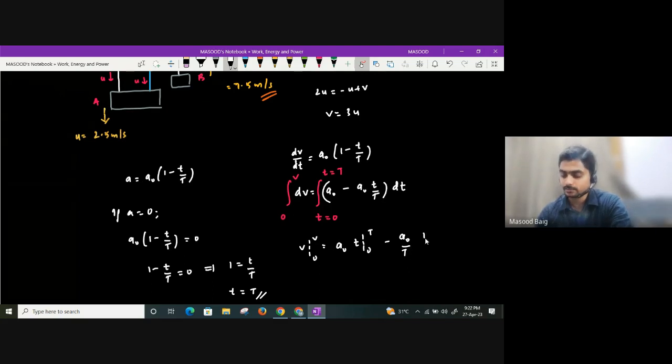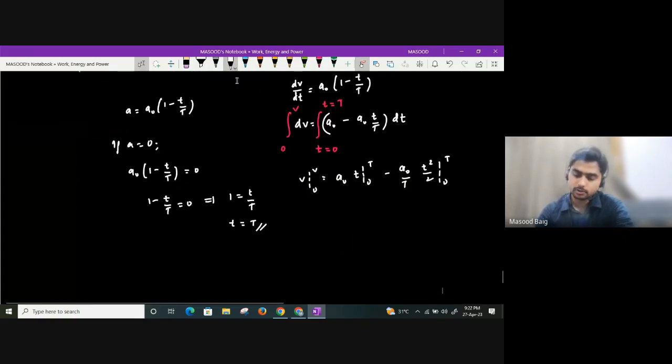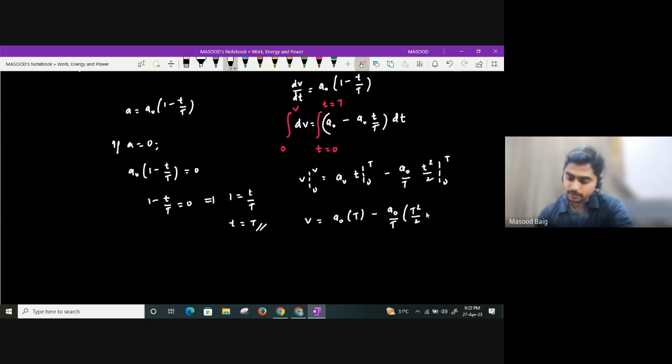Integral t will become t square divided by 2 from 0 to capital T. So v will be a naught into capital T minus a naught by 2 into capital T square, which is a naught into T minus a naught into T divided by 2, which is half into a naught into T. Clear?